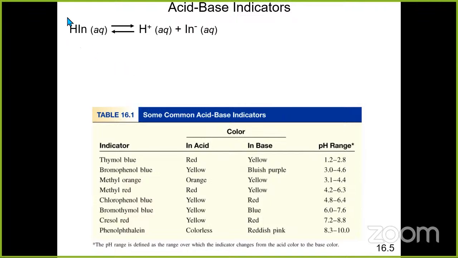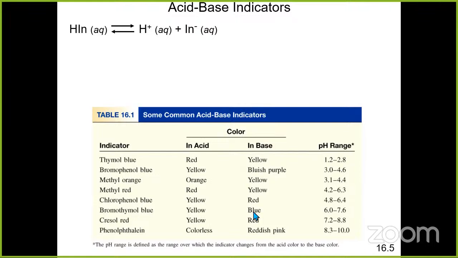What you'll find is that the undissociated molecule will have one particular color, and then the conjugate base will have a different color, right? So in the case of the phenolphthalein indicator, the acid form of the indicator would be colorless, but the basic form of the indicator would be pink, right?